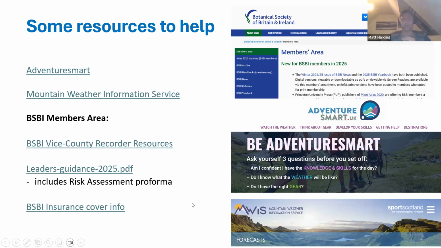There's also this Leaders Guidance 2025 PDF, which is basically everything we've said, but a whole lot more, running to I don't know how many pages. You can certainly run a field meeting without it, but it's a useful drawing together of a whole lot of information, and that's where you can find the risk assessment pro forma as well, which I think is a useful thing to have.